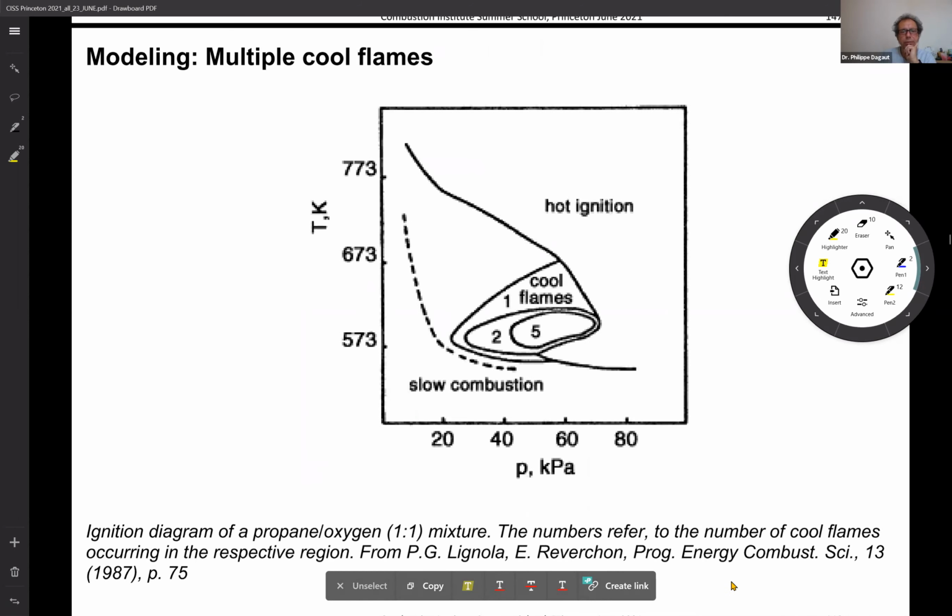In the literature, you can also get this kind of graph where people were able to observe several cool flames as a function of pressure and temperature. Here it's the case of normal propane.